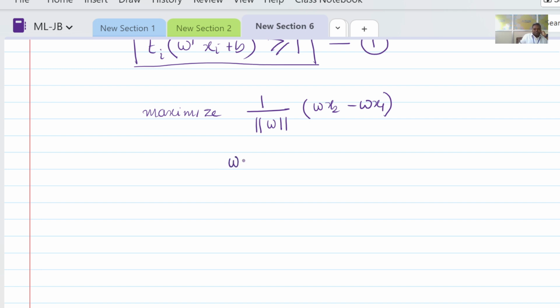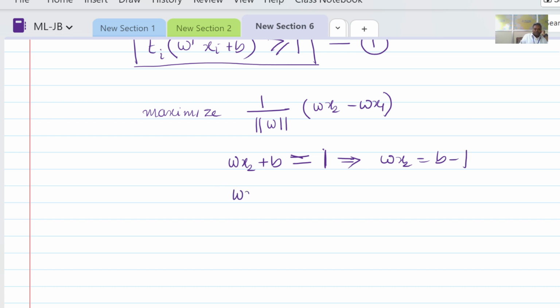That means Wx2 plus b is always equal to plus 1 because it is a support vector. That means Wx2 is equal to 1 minus b.